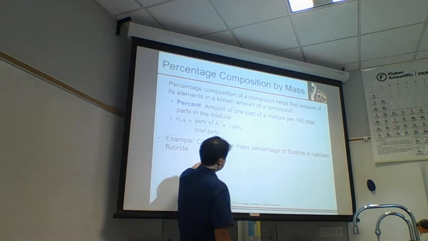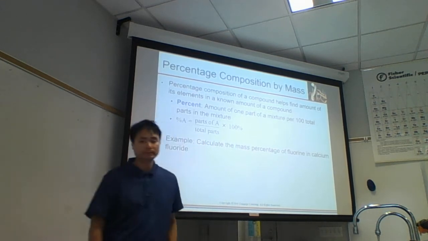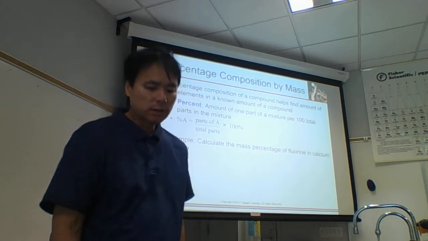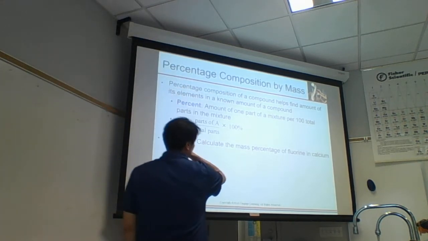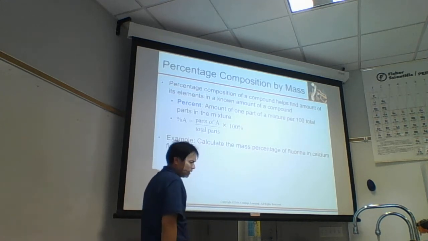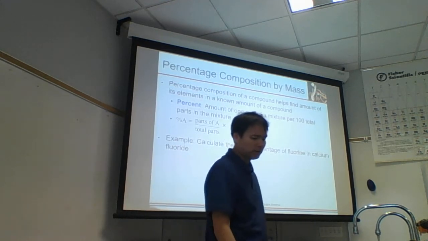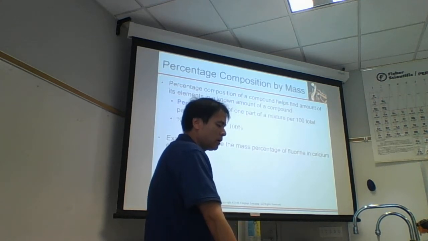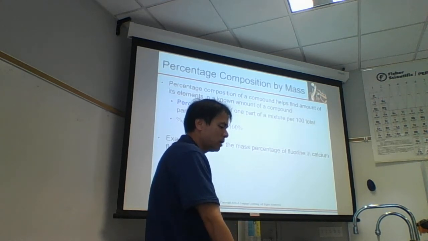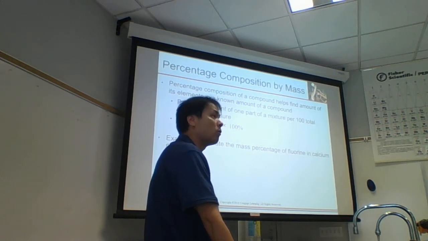Calculate the mass percentage of fluorine in calcium fluoride. And so here we're looking at the elemental composition of this compound. But, you know, that kind of makes sense. If we have a compound, we want to know its elemental composition. But sometimes we could have a compound and we wouldn't want to know its elemental composition. We might want to know, like, what is its percent water?